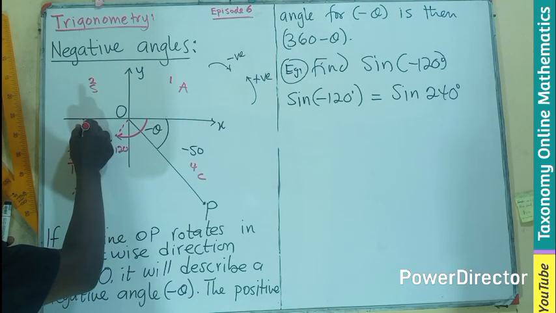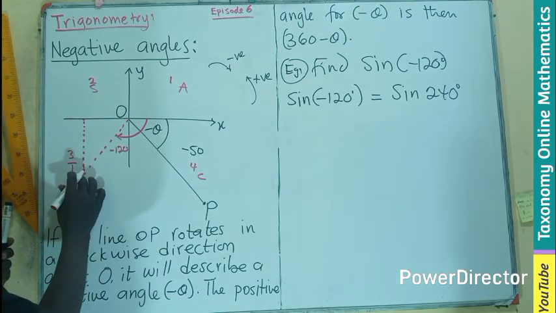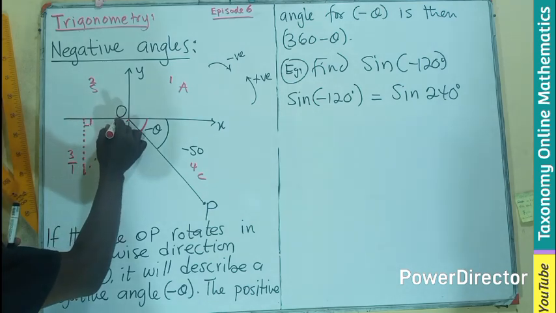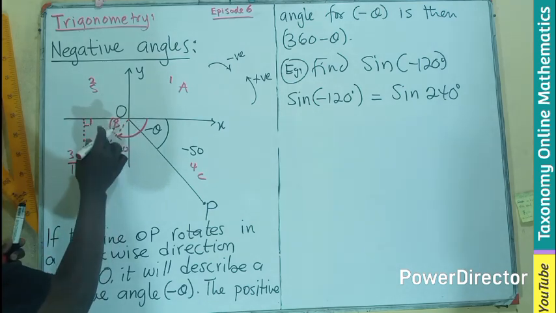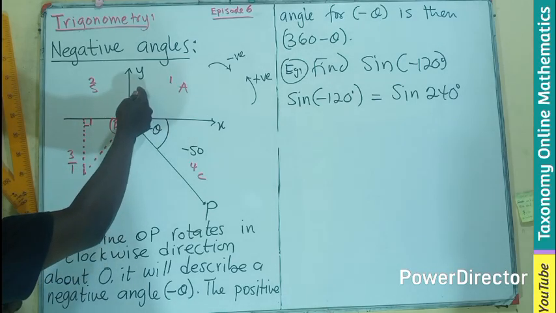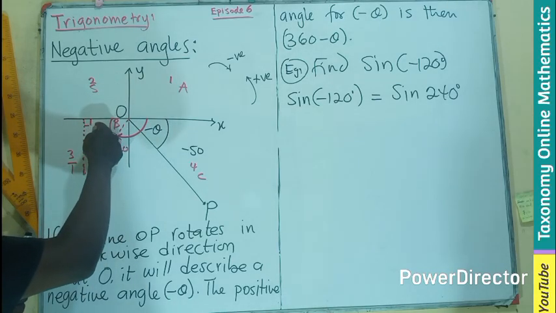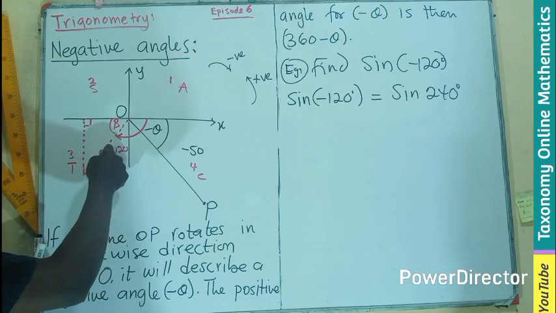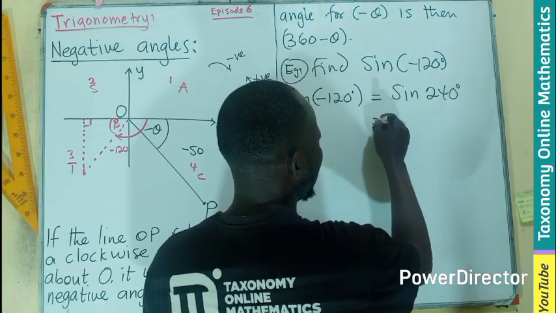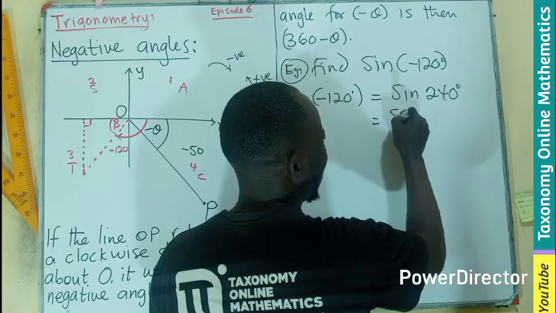So if the point is here, having 90, I need an angle here. Let me use beta. All along, I have moved from here, bypassing the 180, including the beta.